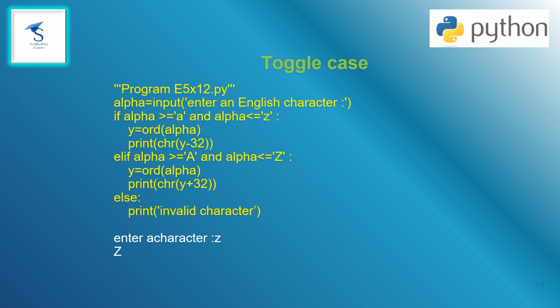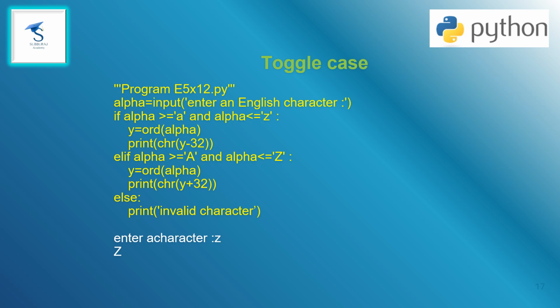So if alpha is lowercase, you get the ASCII code or Unicode code point. That's what y will be, the Unicode code point of the character. Subtract 32 from that, and you get the Unicode code point for the corresponding uppercase letter. If small a, you will get the capital A. If it's small x, the capital X.